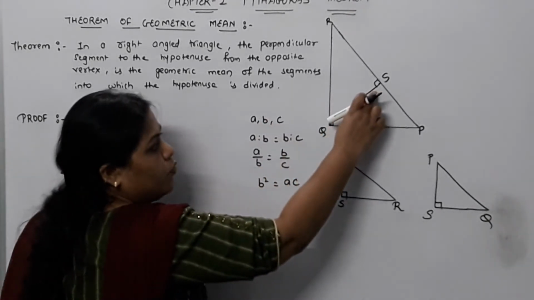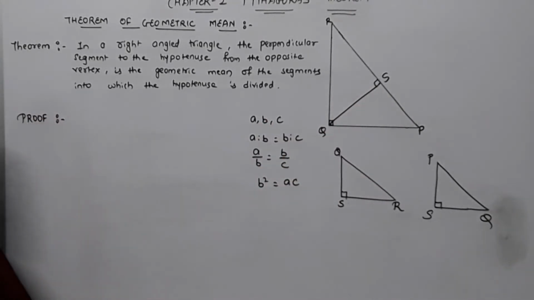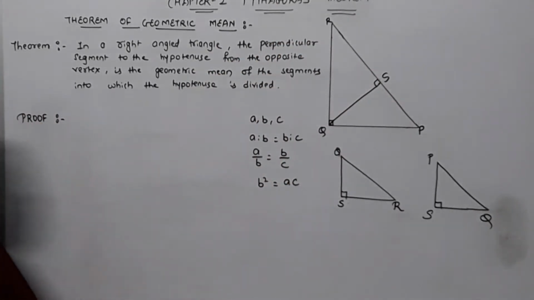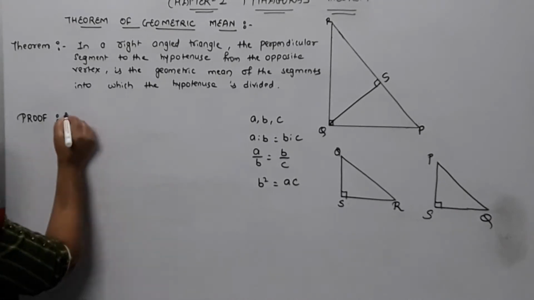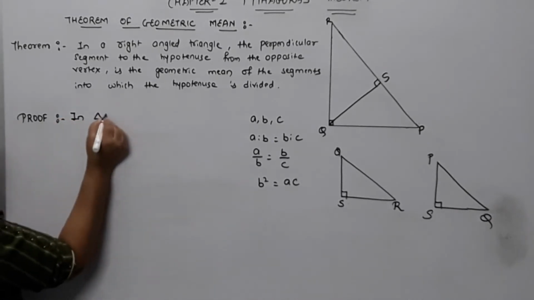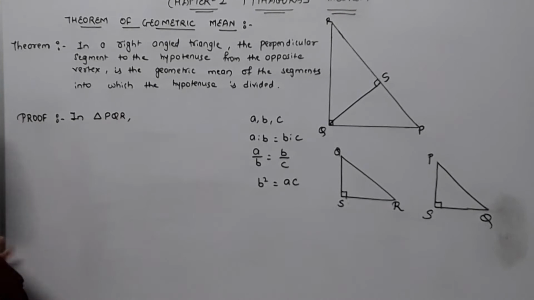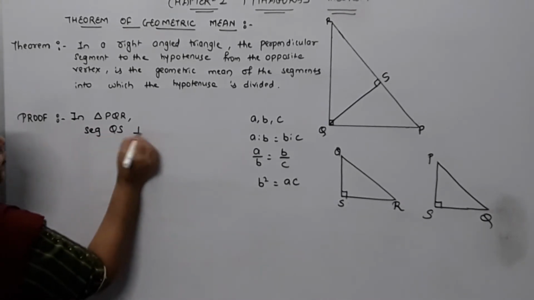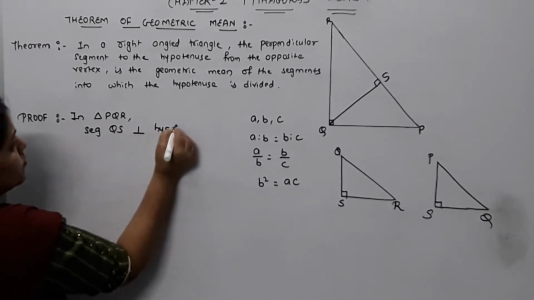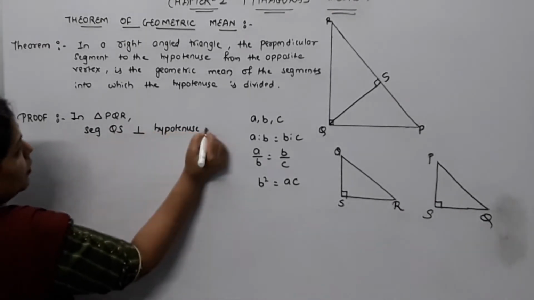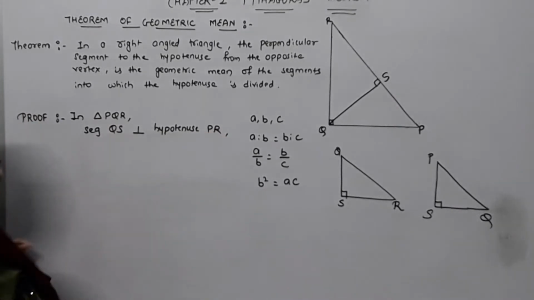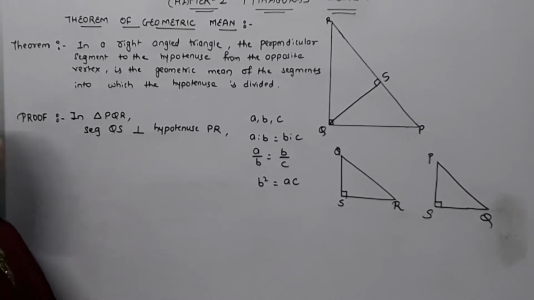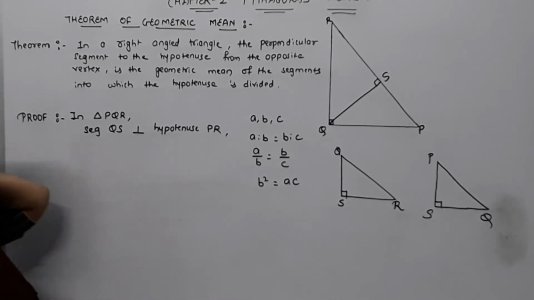So we have to prove that QS is the geometric mean. So see how in triangle PQR, seg QS is perpendicular to hypotenuse PR, right? This is given to us.